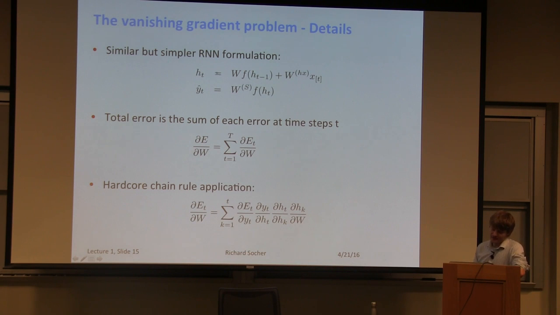Instead of defining h as f of that linear transformation, we'll just apply f only once we compute our y hat. And for now, let's not assume that's a normalized probability, just for the sake of this analysis, and just assume we have a linear transformation that gives us unnormalized scores at each time step. And f here is again our nonlinearity, such as the sigmoid or tanh.